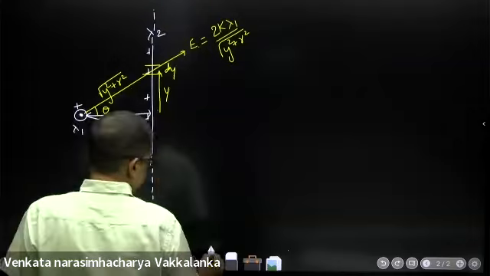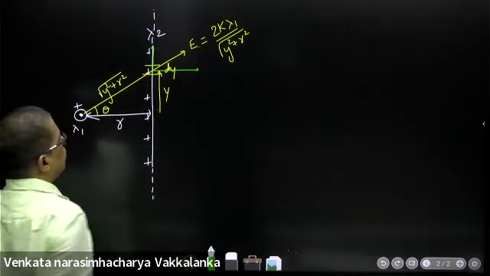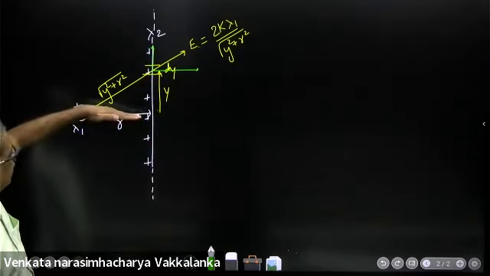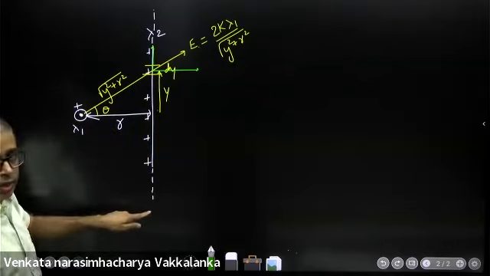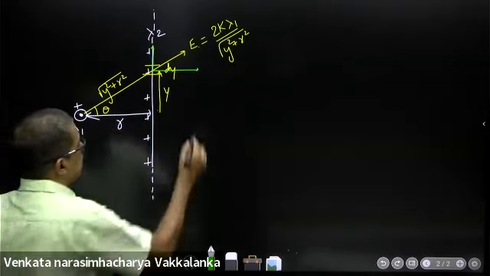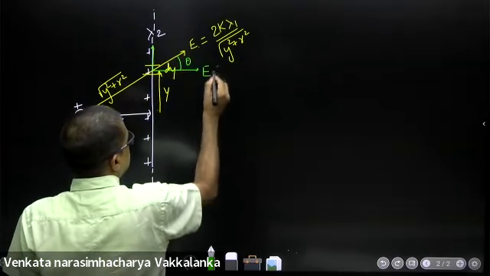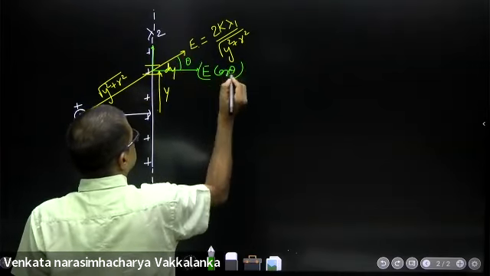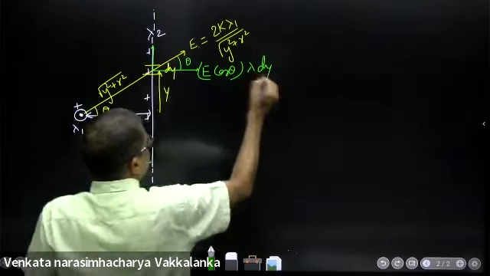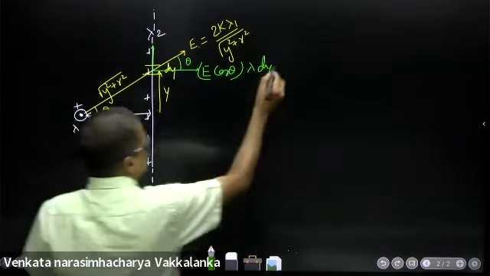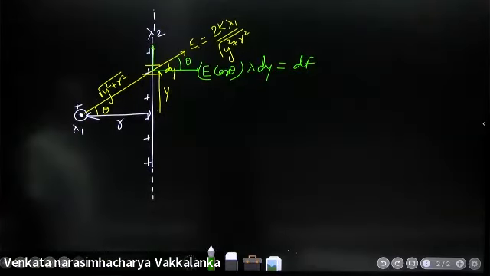This field will have a horizontal component and a vertical component. By symmetry, I'll assume the whole of this vertical component will cancel out the vertical component on the lower side. So if I take this as theta, E cos theta into lambda dy will be my force.